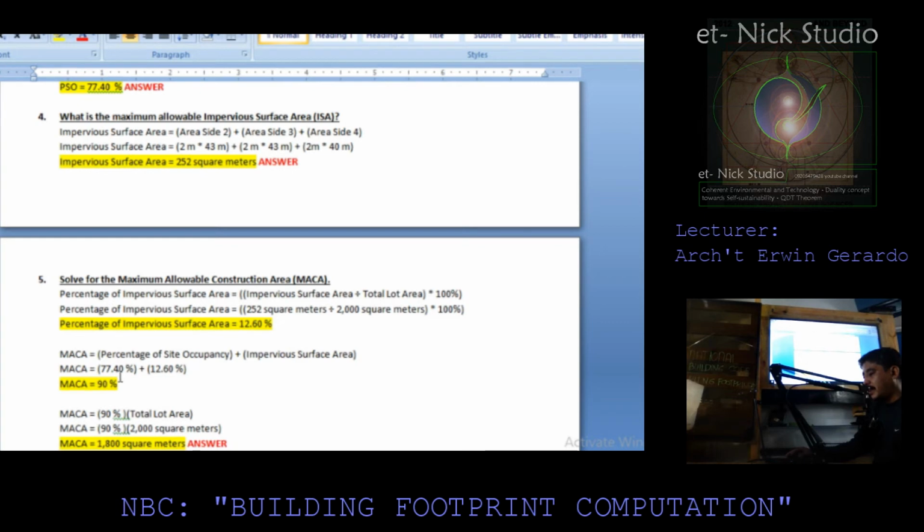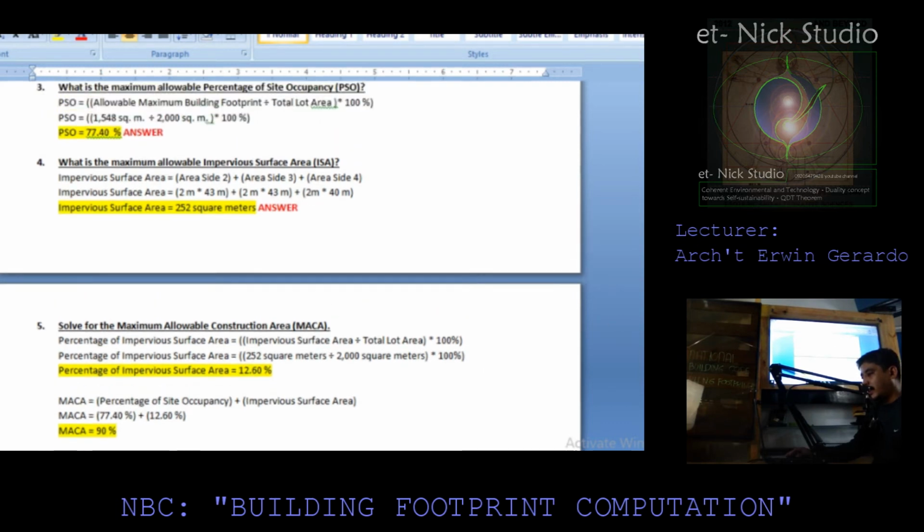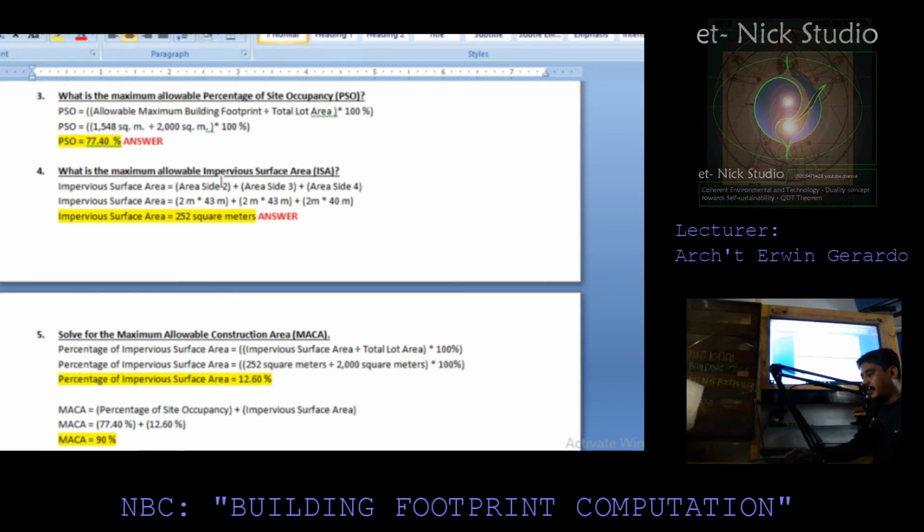Now, the MACA, or known as the maximum allowable construction area, is equivalent to percentage of site occupancy plus impervious surface area. So therefore, let us once again take a look at the solution where we took the percentage of site occupancy.